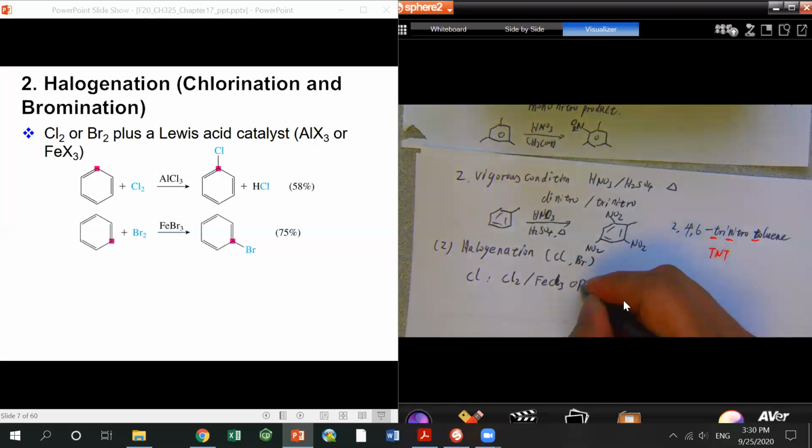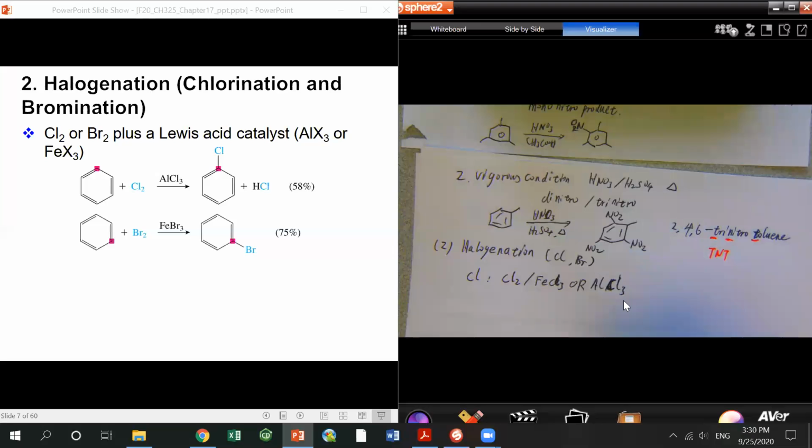Or you can use aluminum chloride, AlCl3. Both are very famous Lewis acids.